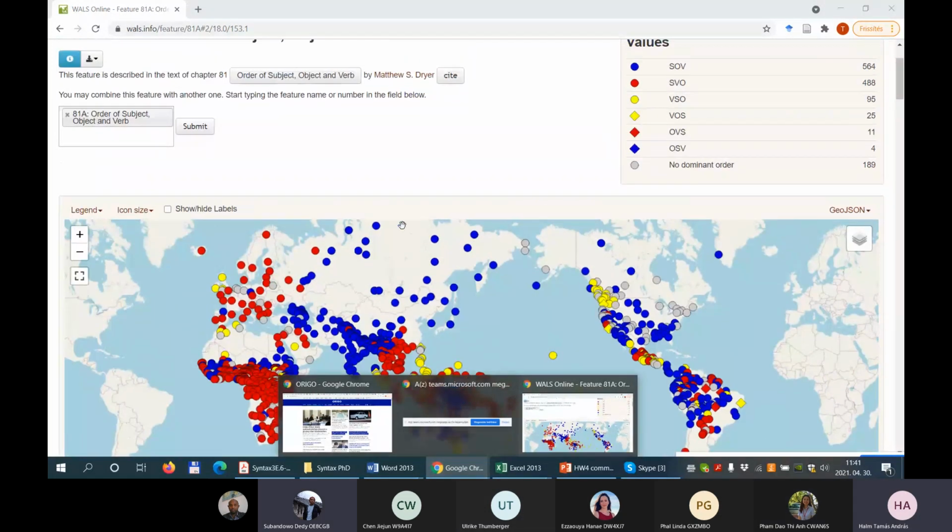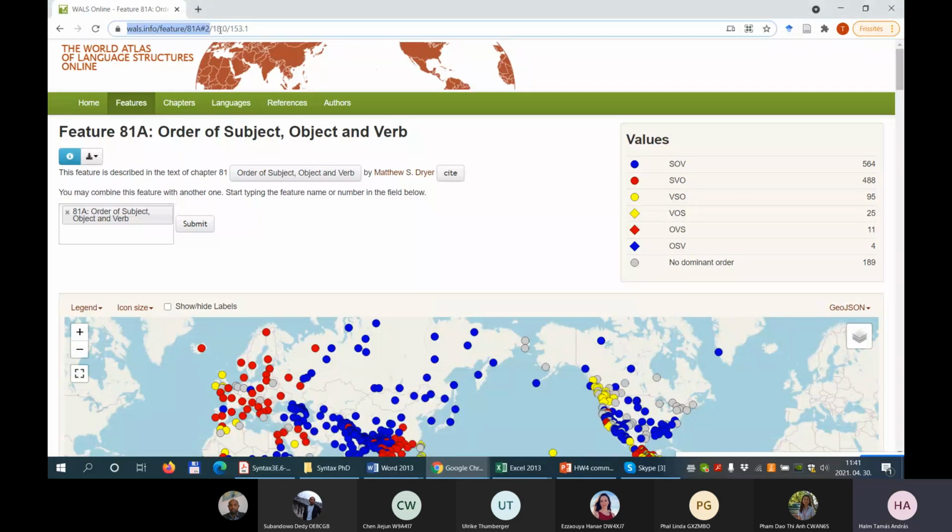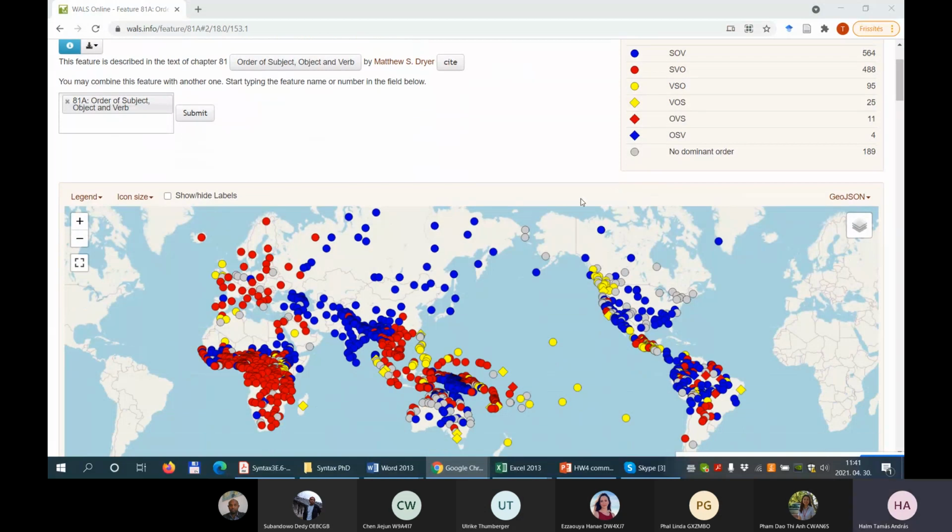Oh, great. So this is called the World Atlas of Language Structures online, WALS info. And this is super interesting if you are interested in the typological differences between languages. For example, here, there is this beautiful map.